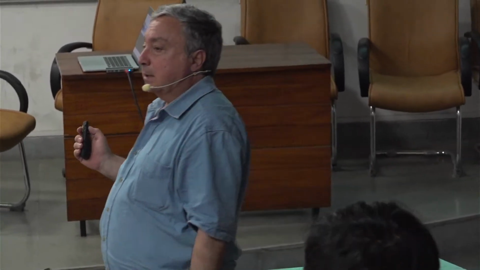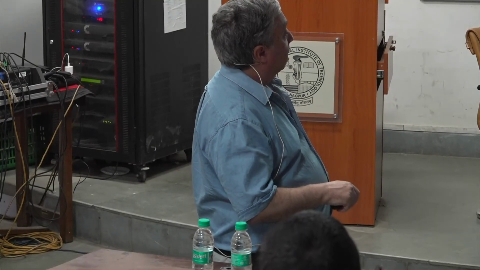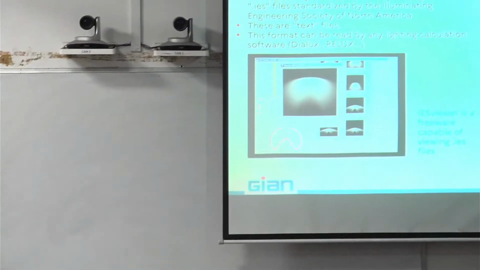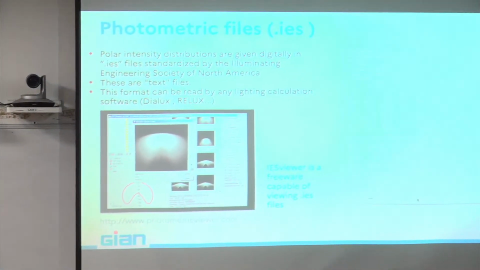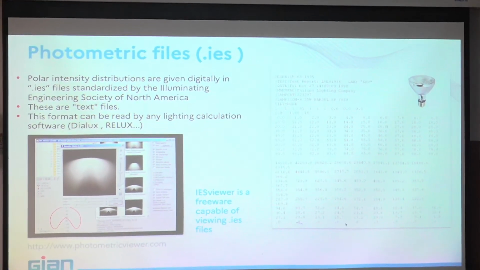These kinds of files are provided by the manufacturers of the luminaire, and you have some freeware software, this one for example, that can open an .ies file and show you what the beam is. And even if they have 3D information inside, you can see that in 3D.